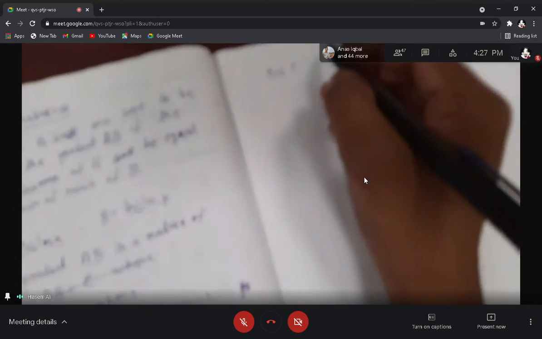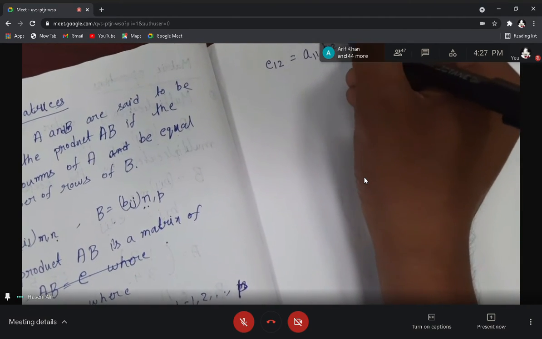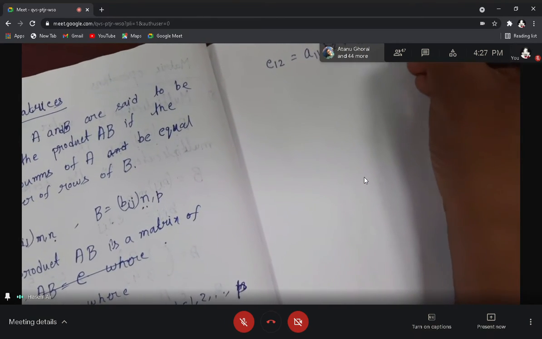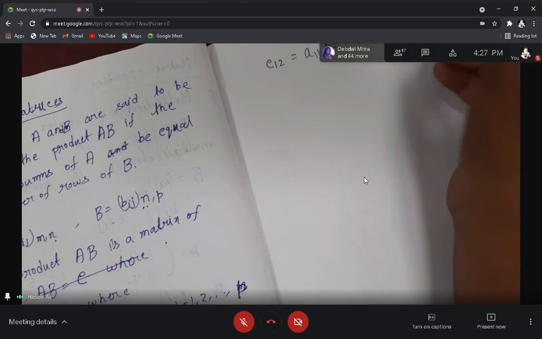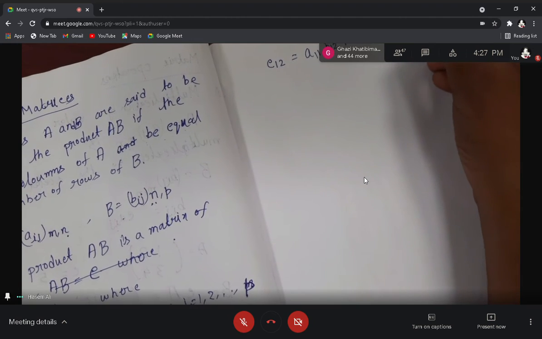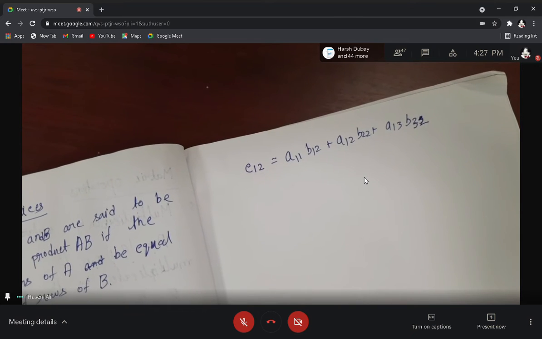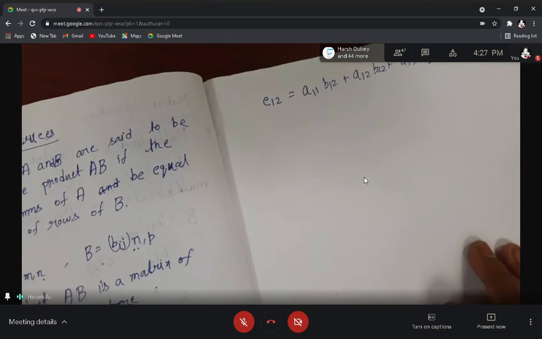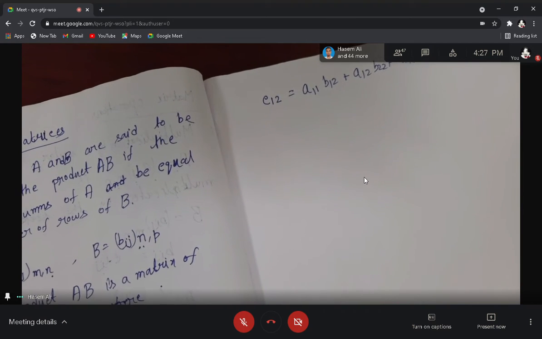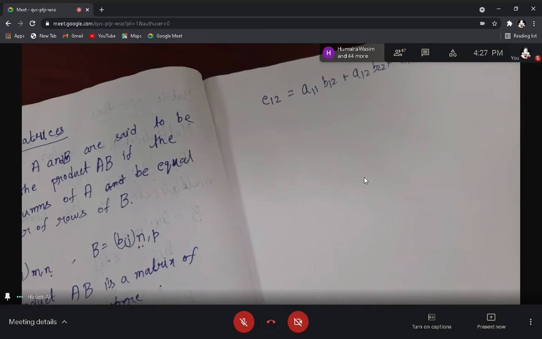So C12 means a11 into b12 plus a12 into b22 plus a13 into b32. Similarly, all the elements will be found. So this is the formula for matrix multiplication.